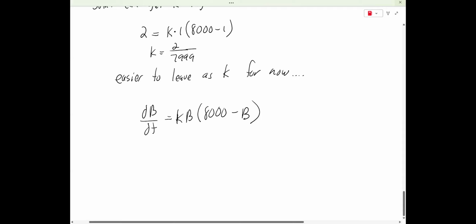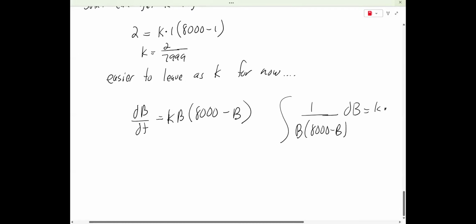Don't write this down, but you could separate it like this right away, because this is all a function of B here. You could divide it over, and you'd have to do partial fractions or something to go through this.